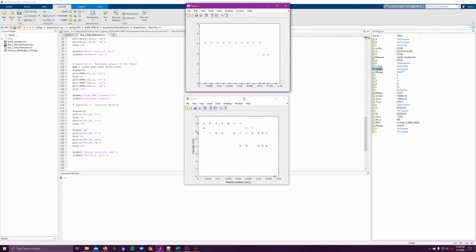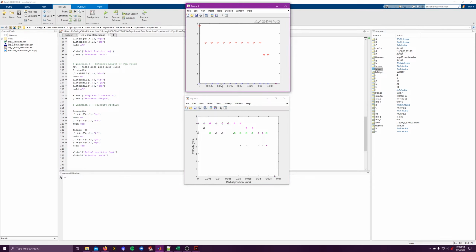And then figure 4 is for 50%, 70%, and 100%. And when you make these plots, you should also add a legend in here. I didn't, but you should add a legend in here so I know which color and which plot corresponds to which discharge coefficient or discharge opening.